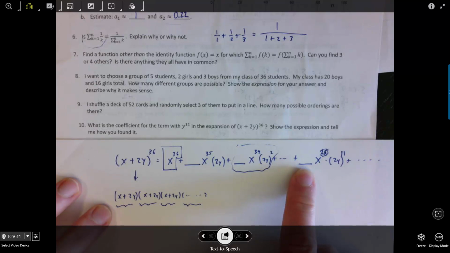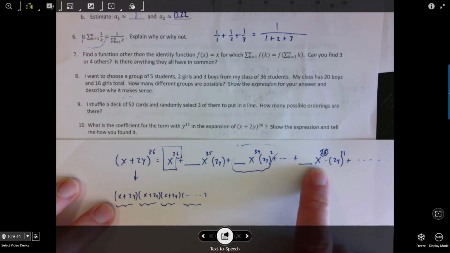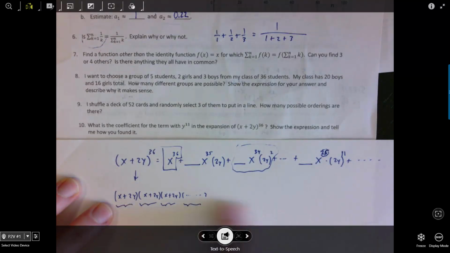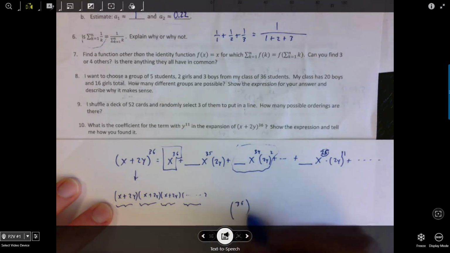What about that coefficient? There are two ways to think about this. If I was going to have 25 x's, how many different ways could I have made my choices to make that happen? I have 36 of these terms, and I know that 25 of them need to be x's, so that's 36 choose 25.